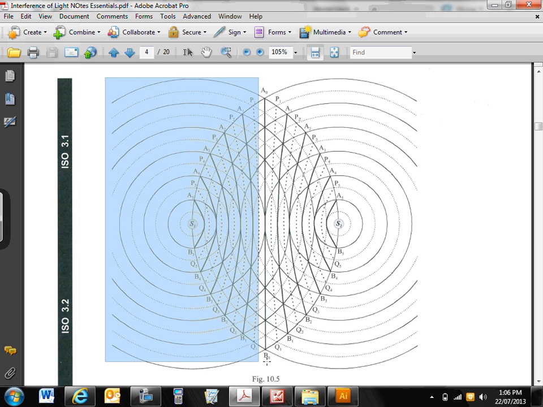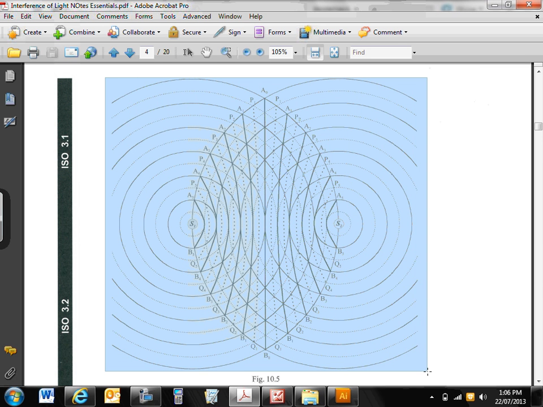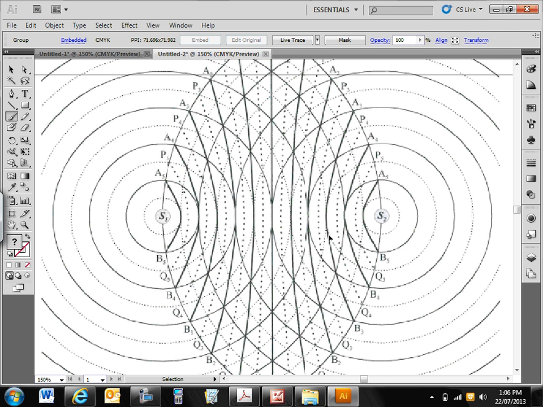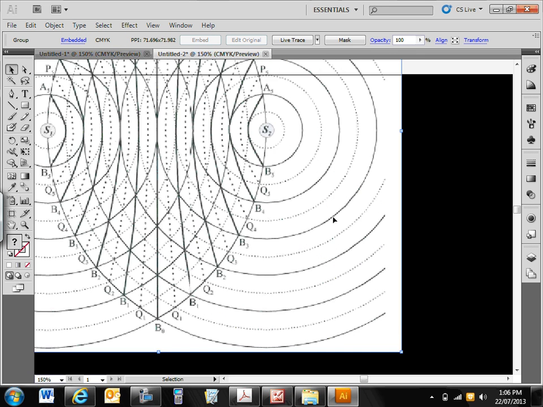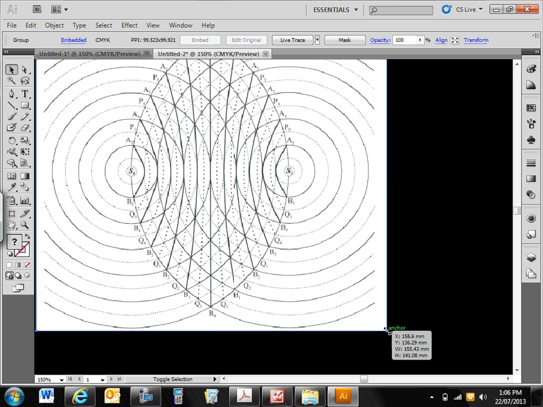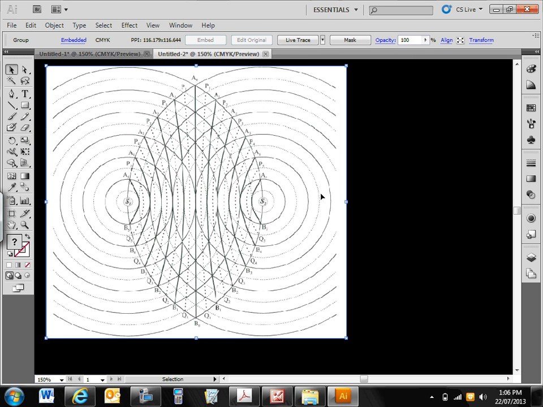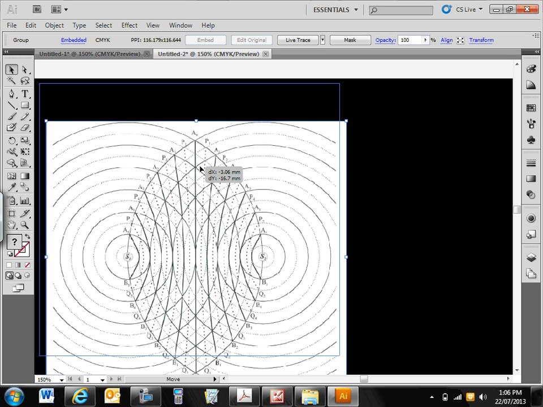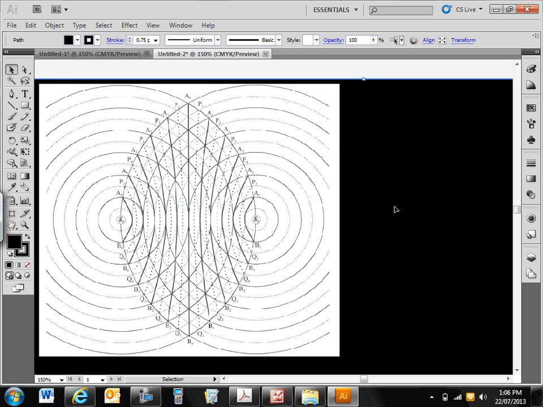I'm going to ask you to understand this picture. Here we have two light sources.